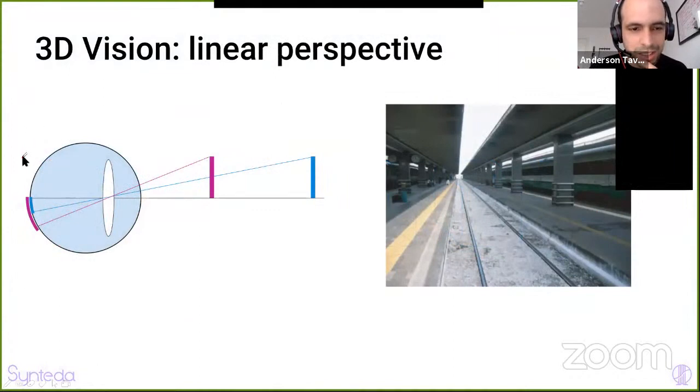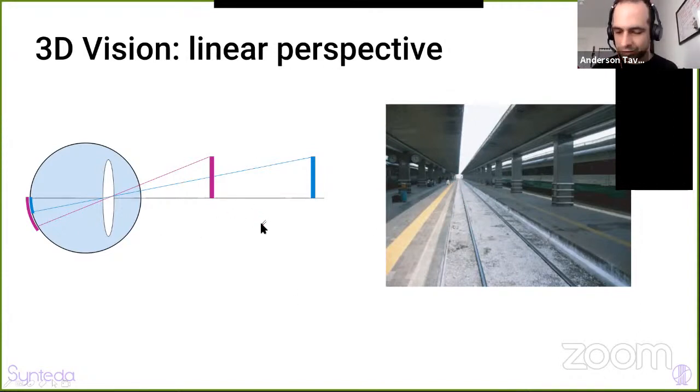So another aspect is the perspective of the scene. If the object is far, like twice as far as another object, it will be twice smaller. So we can also use that information to understand the scene.